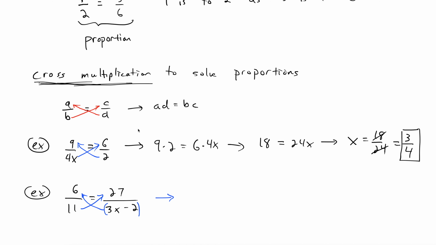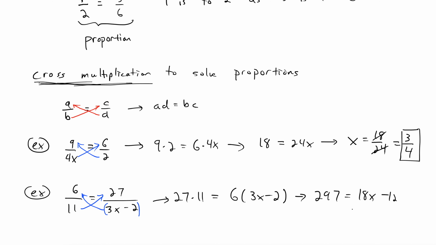That gives us 27 times 11 equals 6 times (3x minus 2). Well, 27 times 11 is 297 equals 18x minus 12.